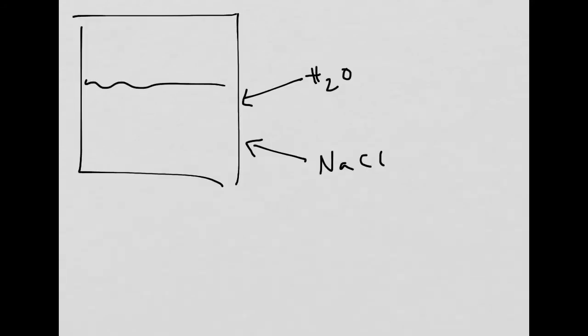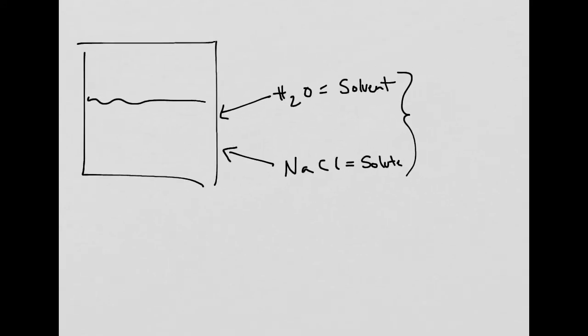Water is going to be my solvent, and salt is going to be my solute, and together they are making up my solution if the salt is evenly distributed throughout the beaker of water, which I'm going to say it is.